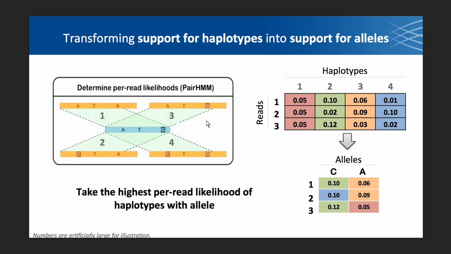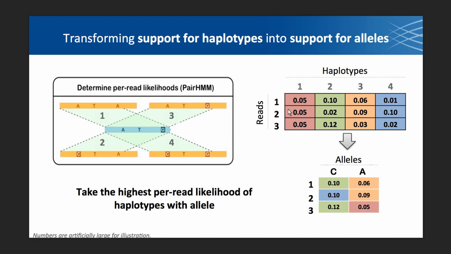So if we want to look at just that first event, there are 2 different haplotypes that contain that event. So we need to decide how to determine the likelihoods of each of the reads with respect to the A allele in that first variant position or the C allele, which is variant. So we take the maximum likelihood across the haplotypes that contain that event.